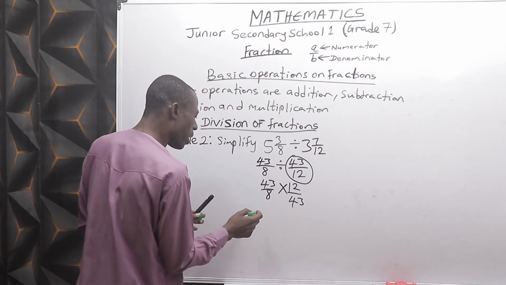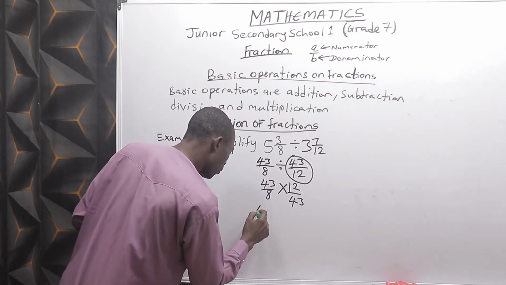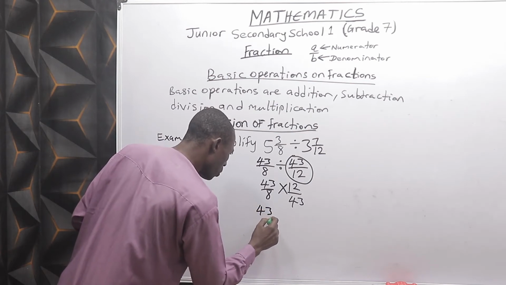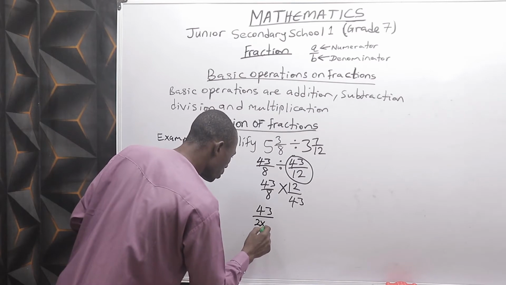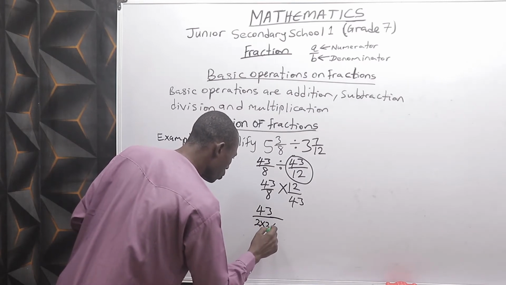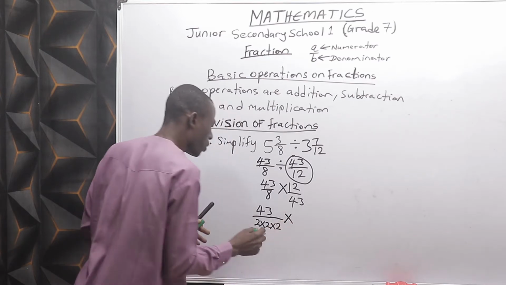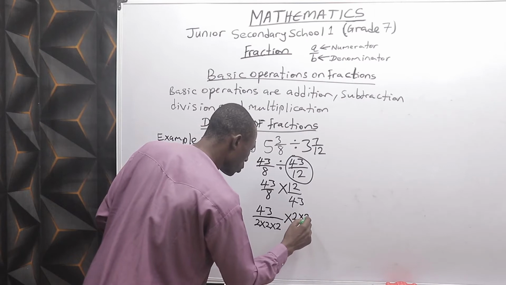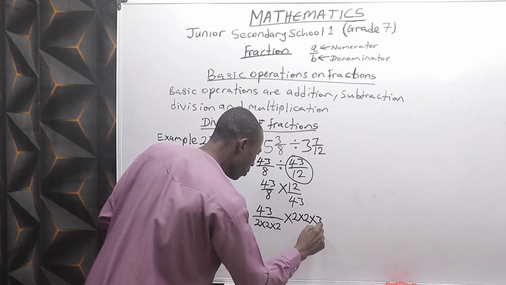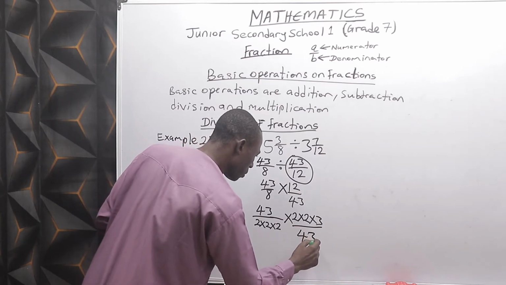So, I break every number into its factors to have 43 over 2 times 2 times 2, times 12, which will be 2 times 2 times 3, all over 43.